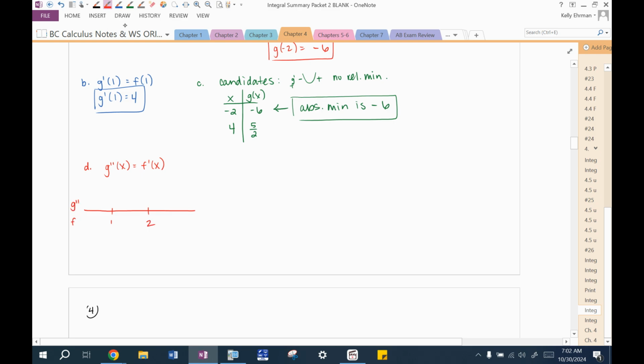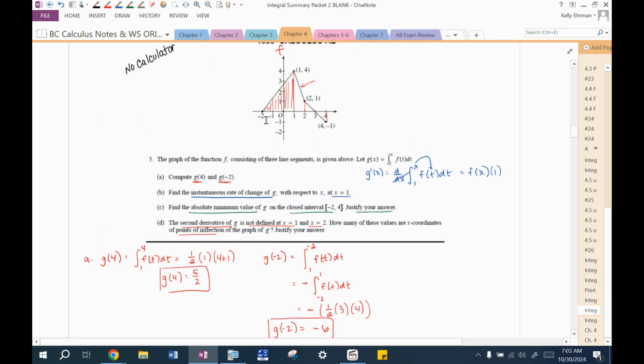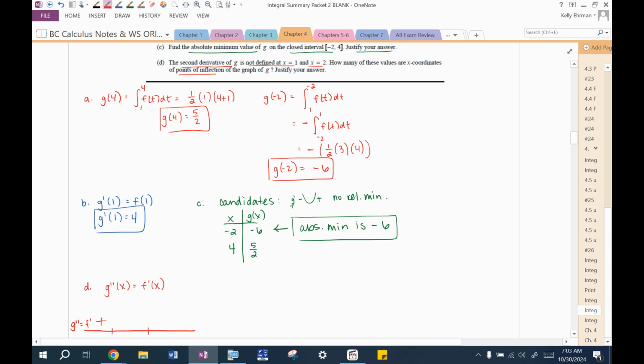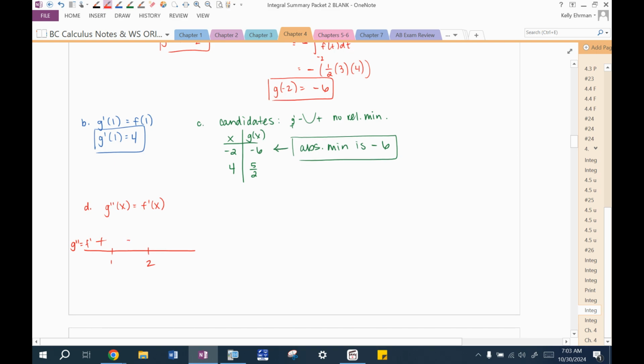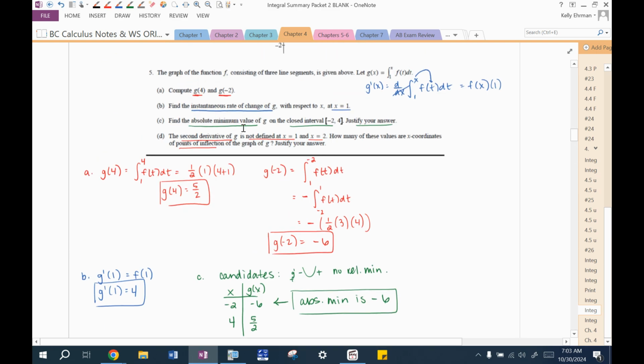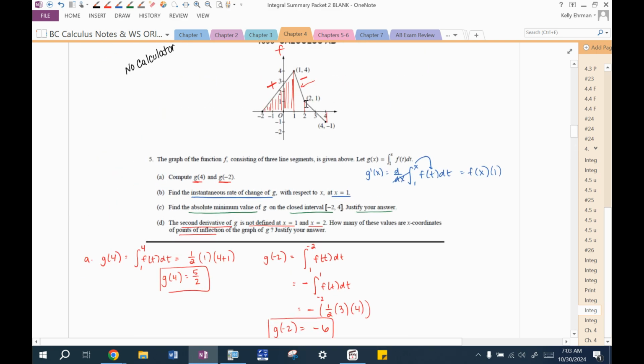Remember, AP is not going to grade this, so this is just for you to keep in mind. So for g double prime equals f prime, what's happening to the left of 1? To the left of 1, the slope is positive, so f prime is positive. Between 1 and 2, right here, the slopes are negative. Slope changes to negative. And then after 2, the slope is still negative here.